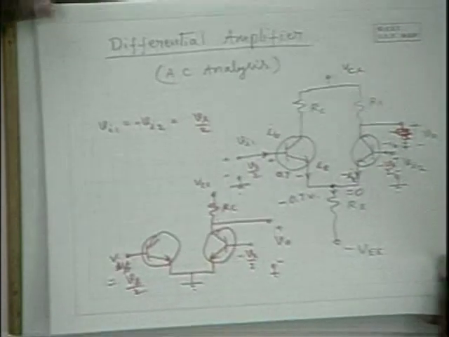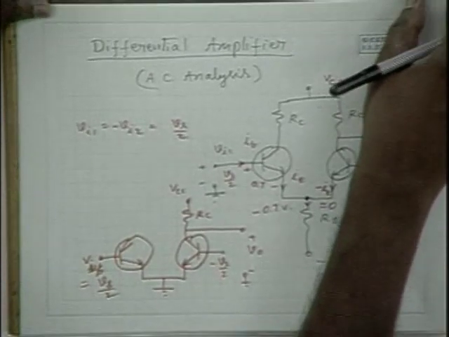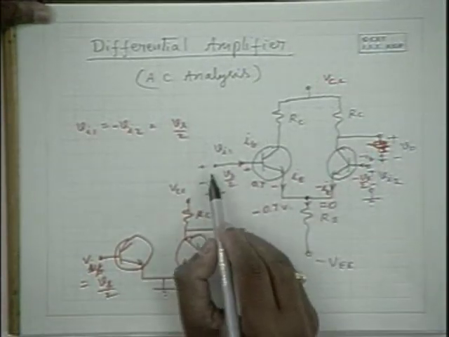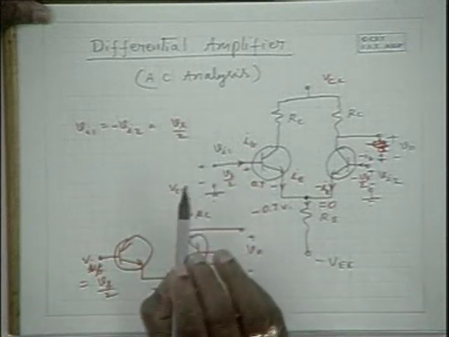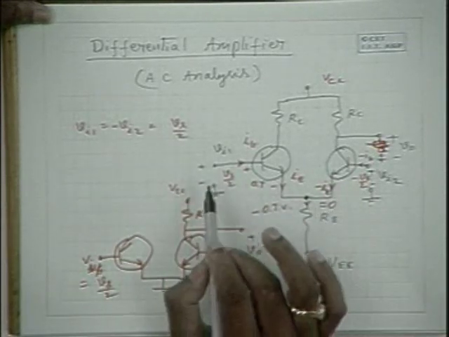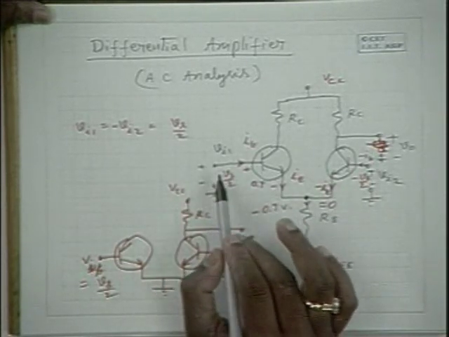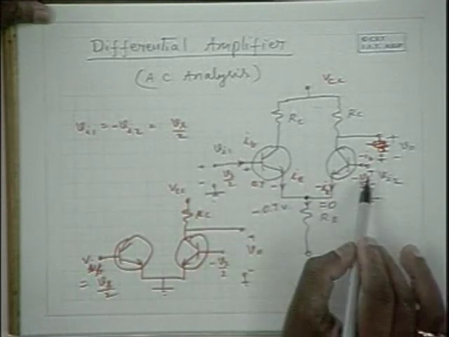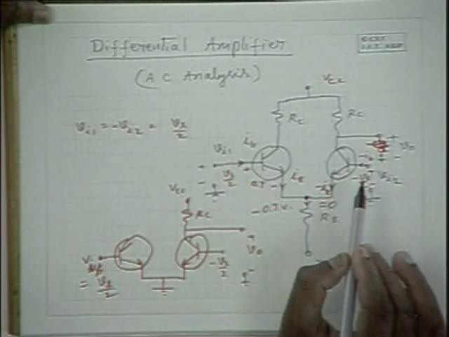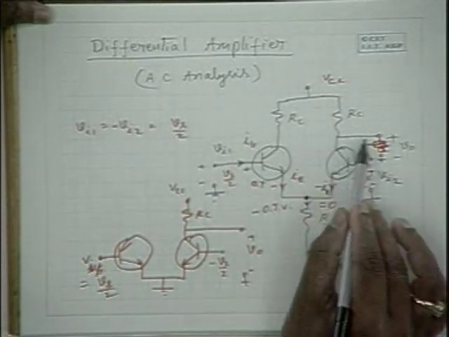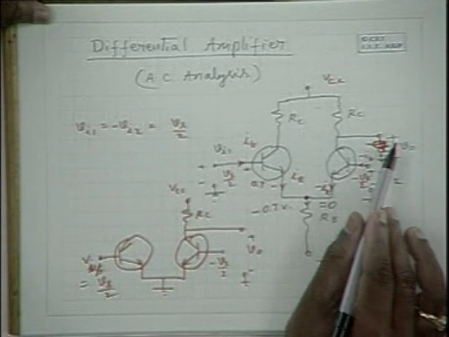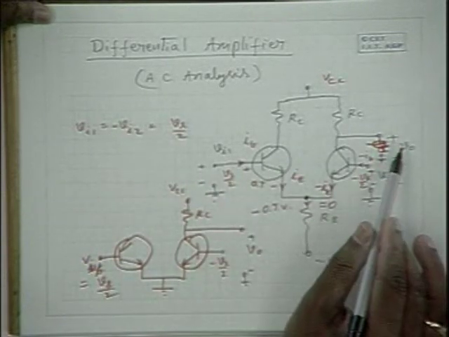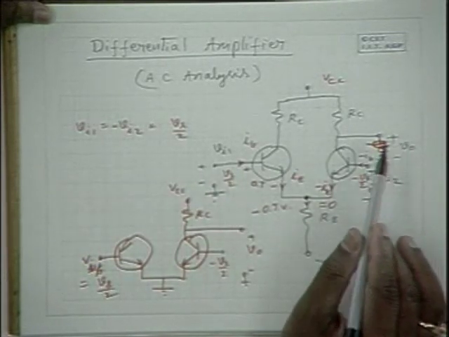Please note that here I would like you to emphasize one point. For a differential signal, to have only a differential signal and no common mode signal, you should apply some signal here and an opposite signal with opposite phase here. With the opposite phase signal, the gain is negative. With the in phase signal, the gain naturally would be positive.